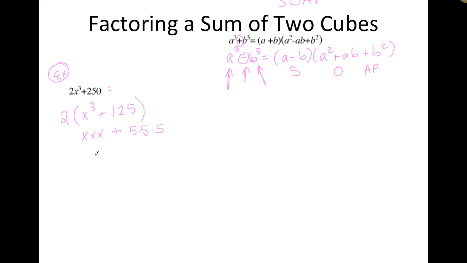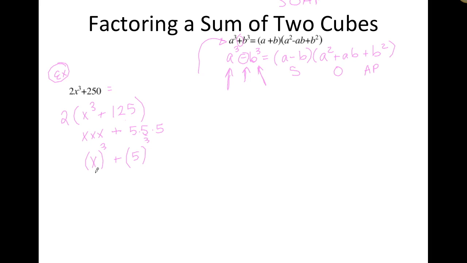So what I have is x to the third power plus 5 to the third power. Now this is beginning to take shape for my sum of two cubes formula.